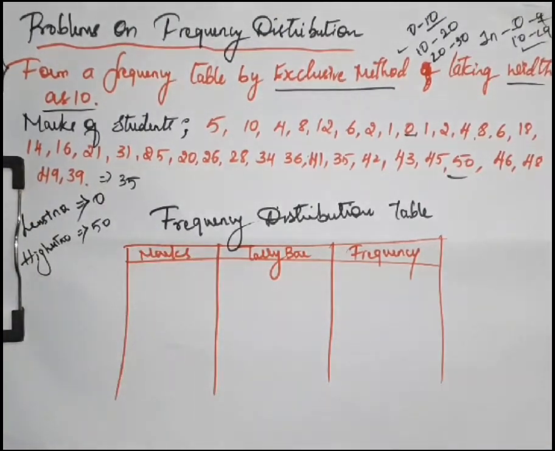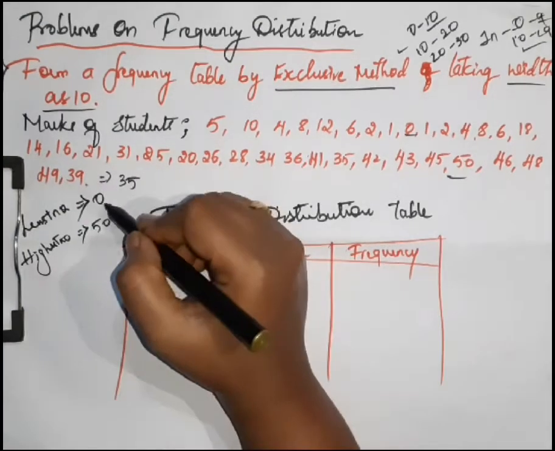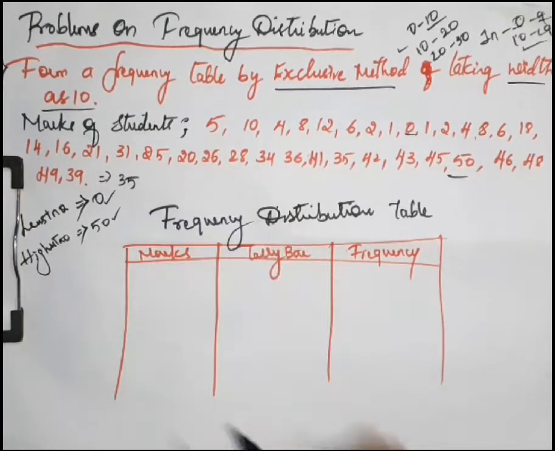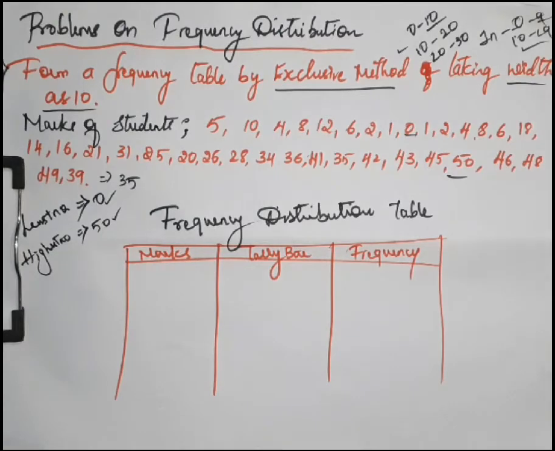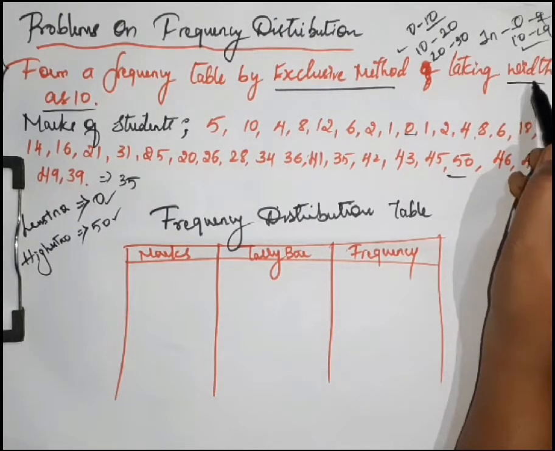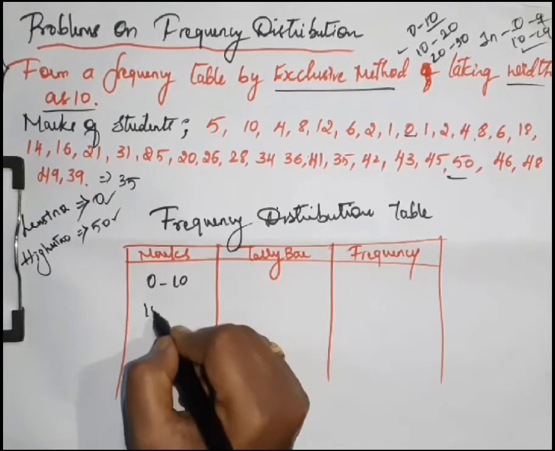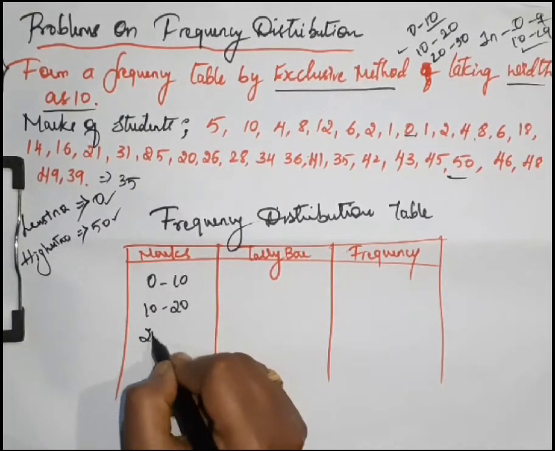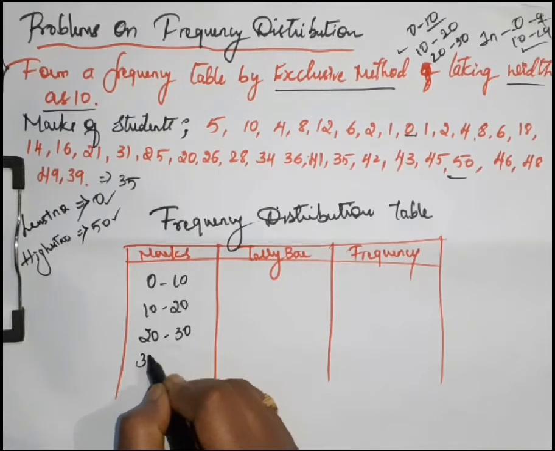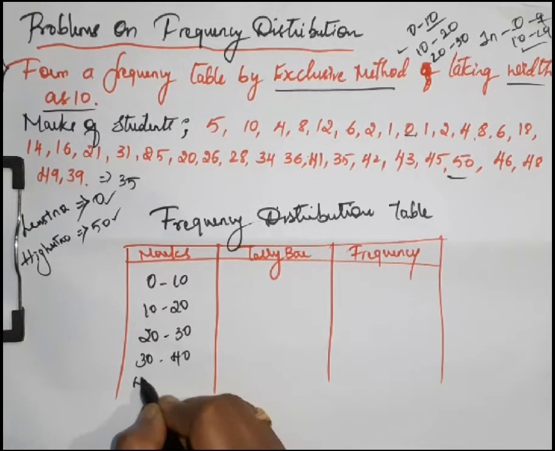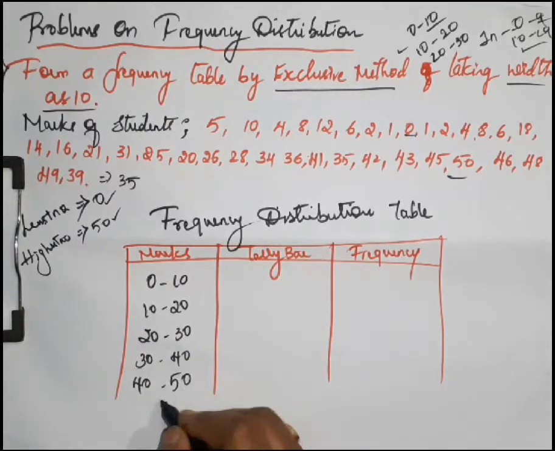So we have to frame the class intervals starting from 0 till 50, with a width of 10. Our class intervals can be 0 to 10, 10 to 20, 20 to 30, 30 to 40, 40 to 50. So from the least to the highest number we have considered all the numbers.